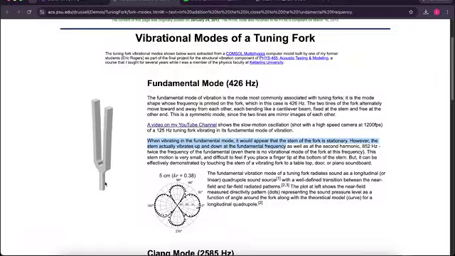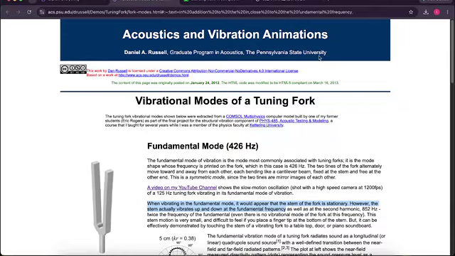So the question is about the stem, right? It would appear that the stem of the fork is stationary. However, the stem actually vibrates up and down at the fundamental frequency as well as the second harmonic. So this is a note from a university, so we can take it.